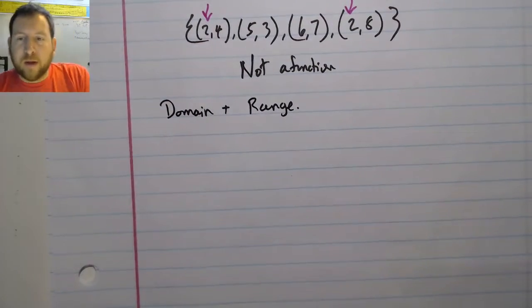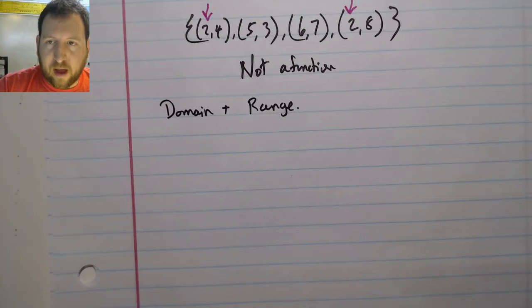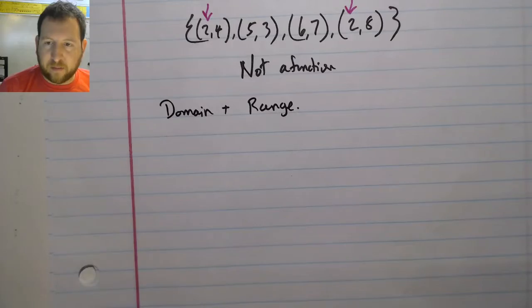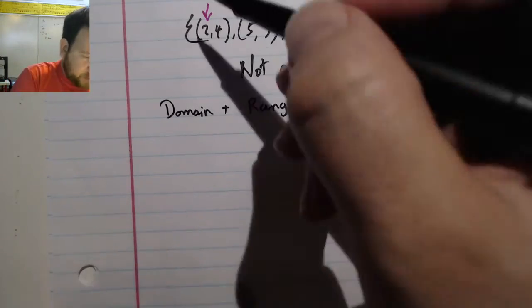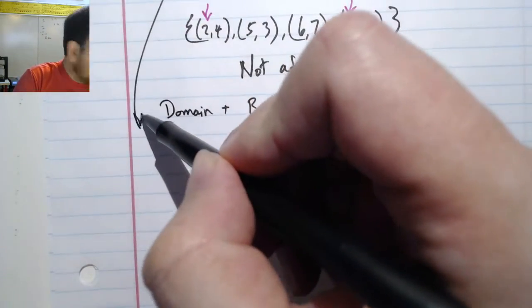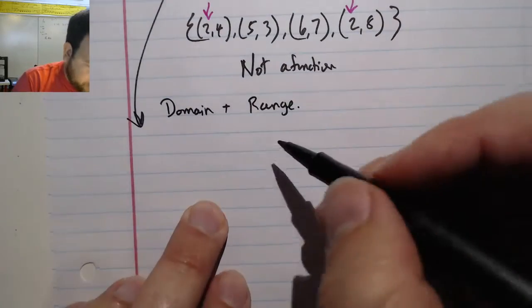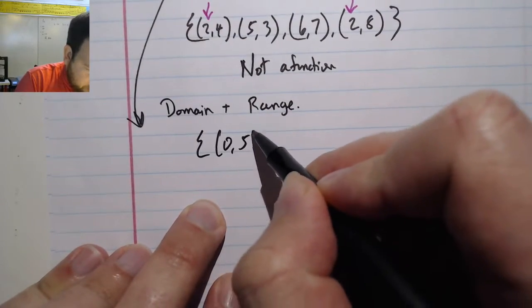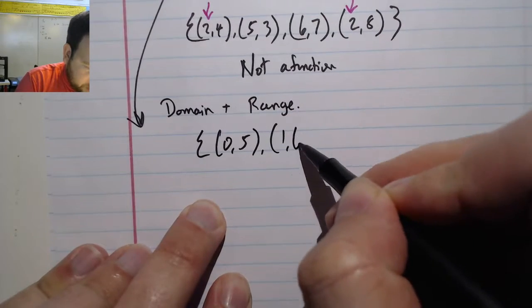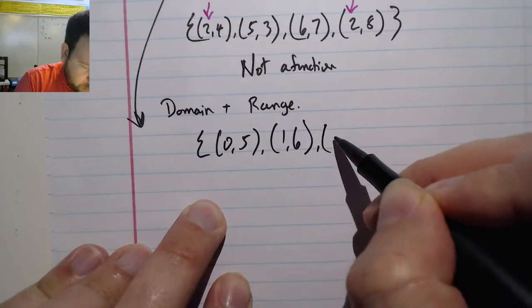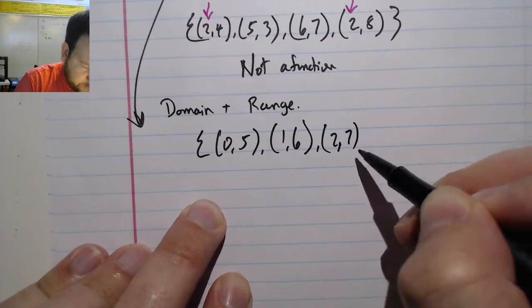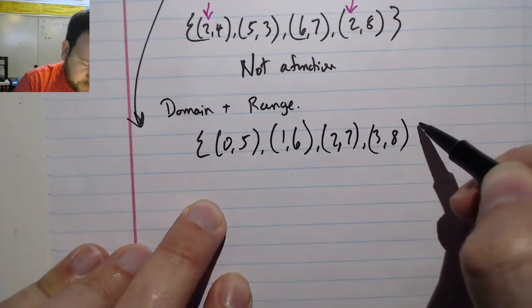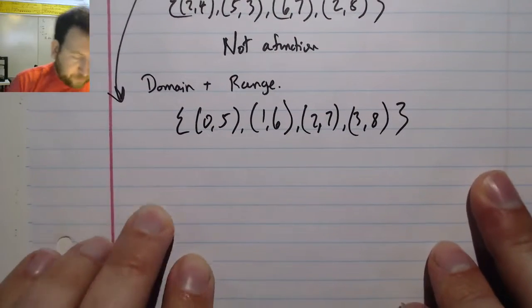All right, so let's take a look at this first one that we used up here, and this one is indeed a function. Okay, we have 0, 5, 1, 6, 2, 7, and 3, 8. Whew. Takes a long time to write these.